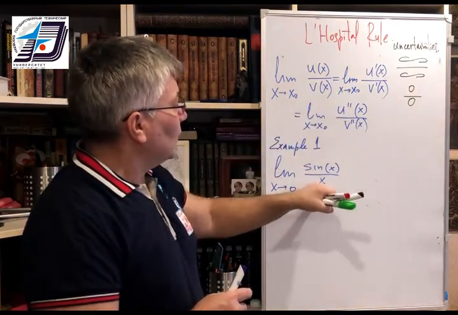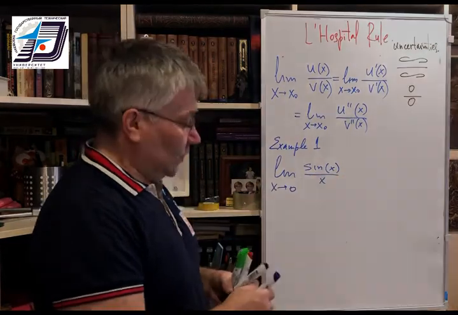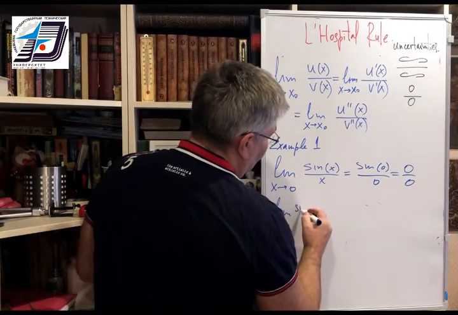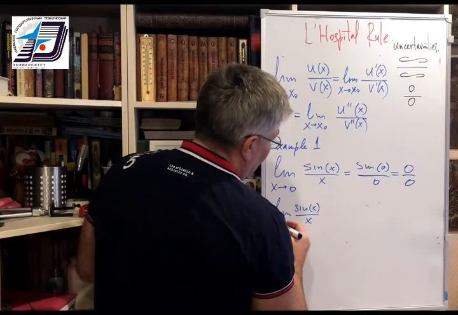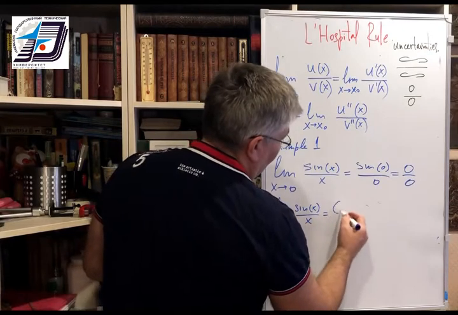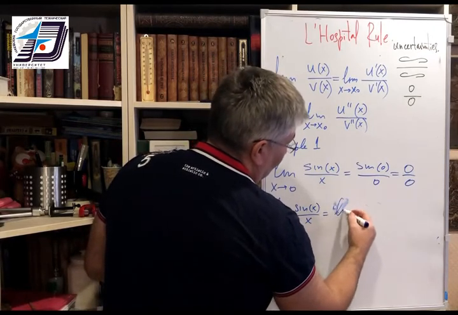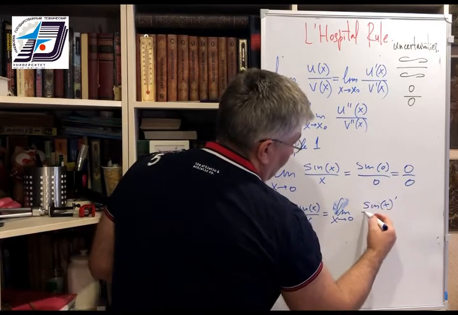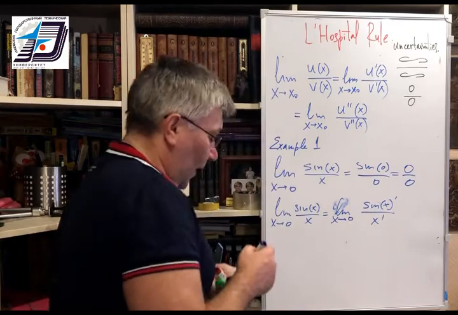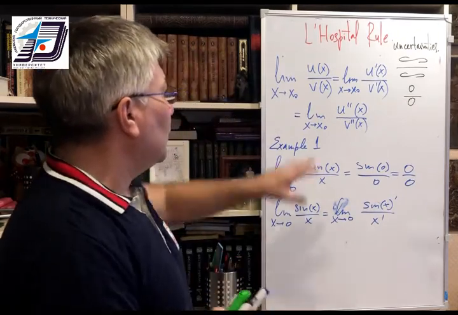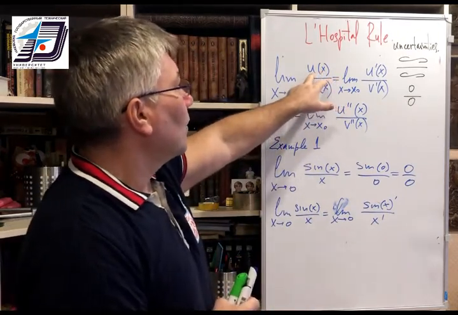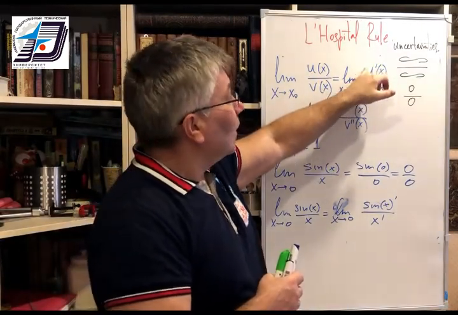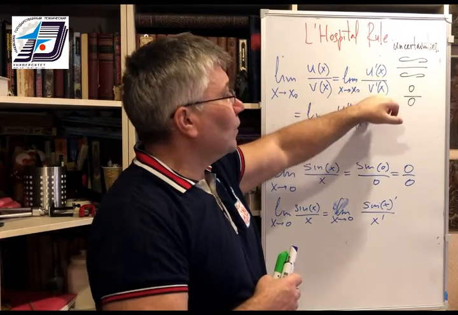If we put x equals 0, we have uncertainty 0 over 0. This limit equals, as x tends to 0, the limit of derivative of sine of x over derivative of x. Take into account that we have to calculate derivatives separately, derivative of the numerator and derivative of the denominator.